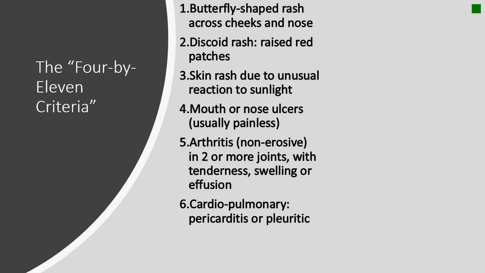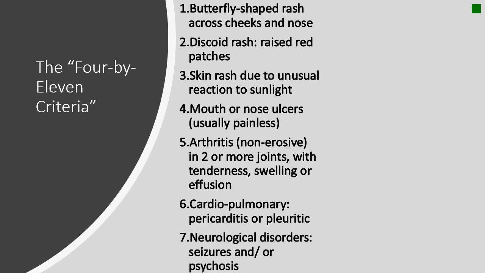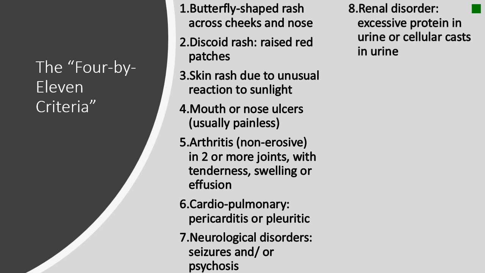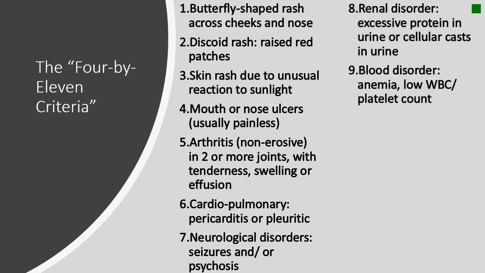You could have cardiopulmonary symptoms as well, related to the heart or the lungs. There could be neurological disorders like seizures and or psychosis. Kidney disorders, a blood disorder like anemia, a low white blood cell or platelet count.